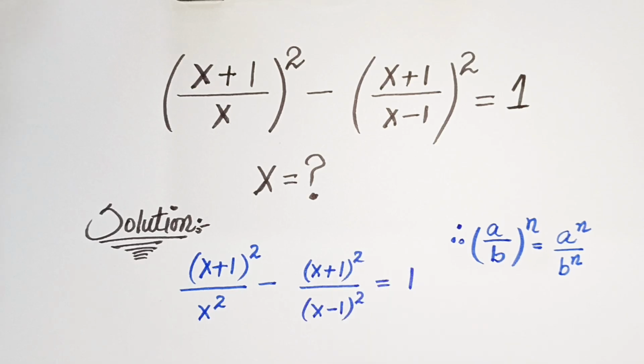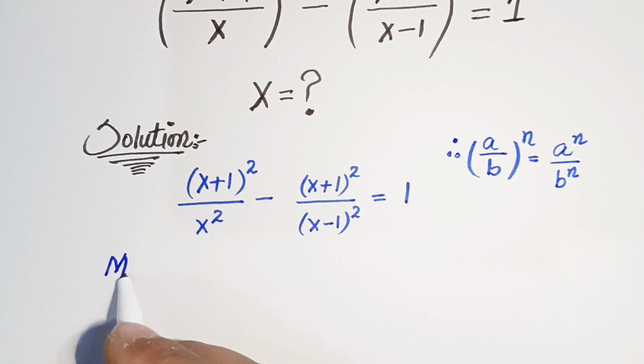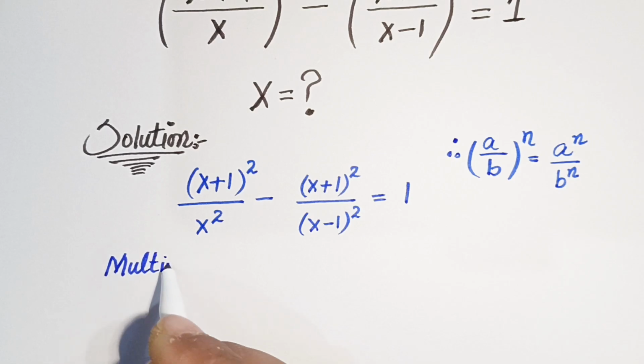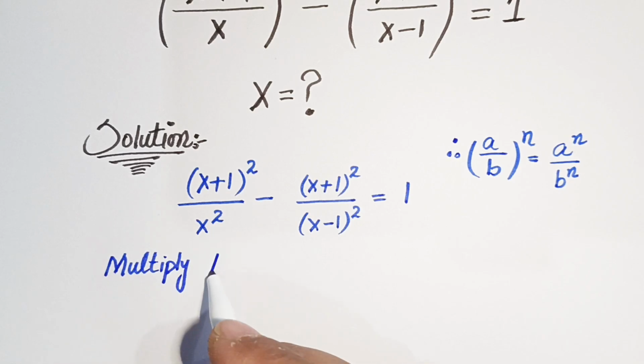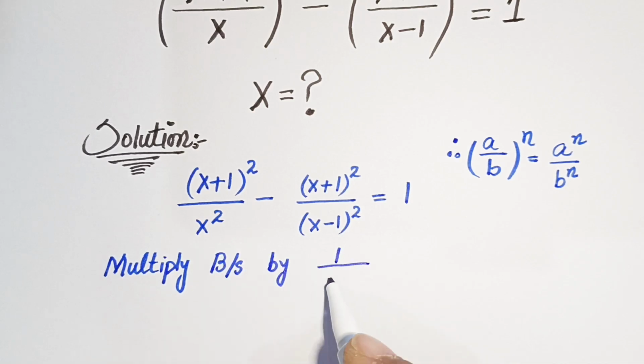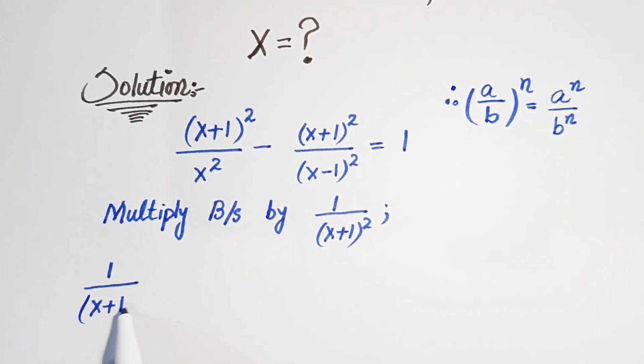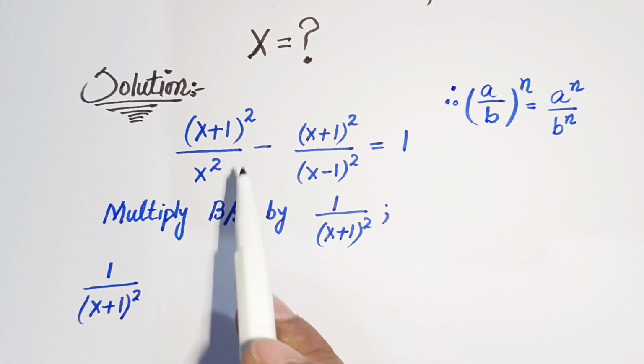Now if we multiply both sides by 1 over (x + 1) whole squared, we are going to multiply this with each term.